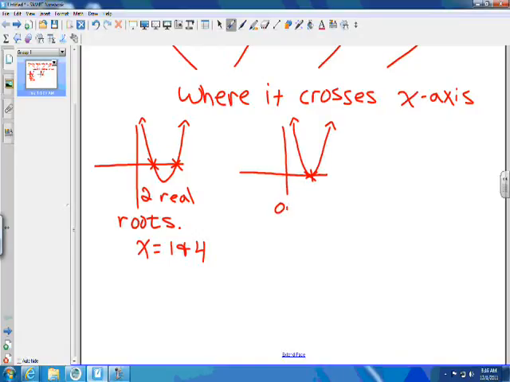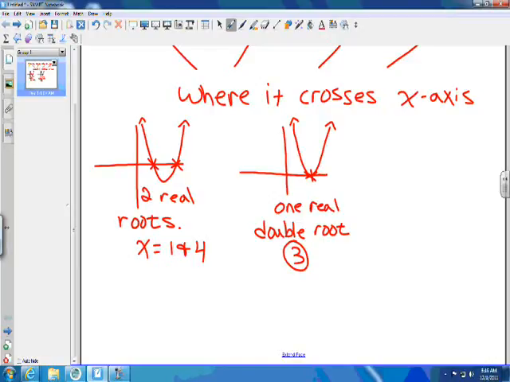So for that one, you have one real, and we usually call that a double root because it counts twice. It's only one number. A lot of times we'll circle that so we know that is a double root. It counts as 2.